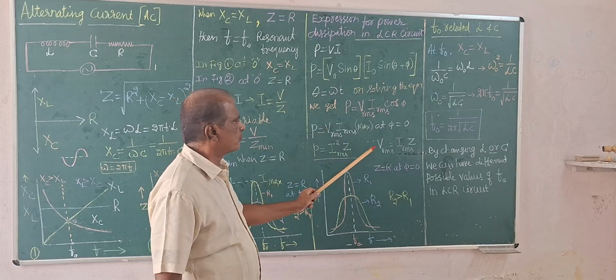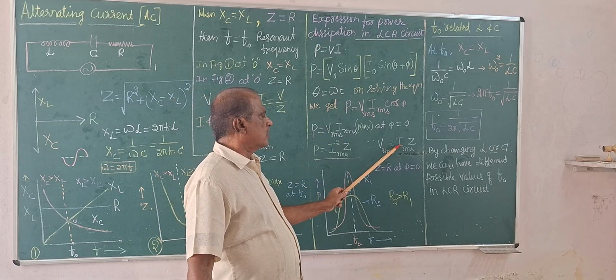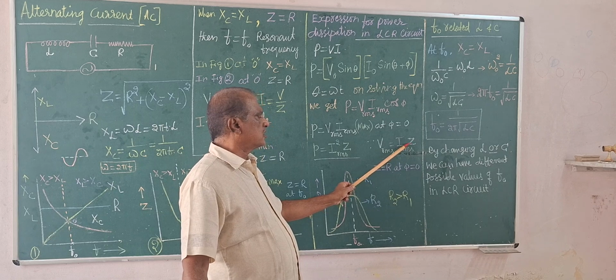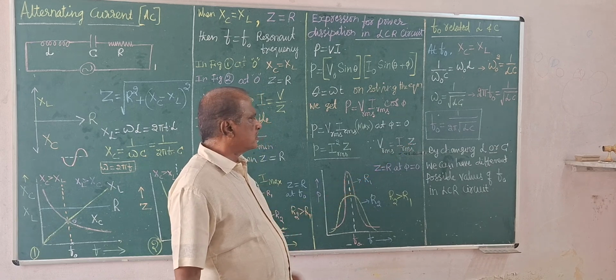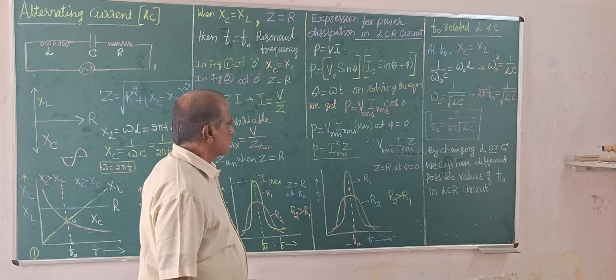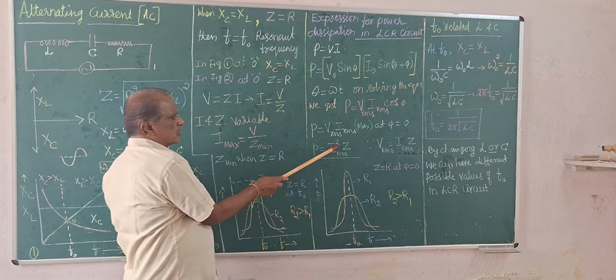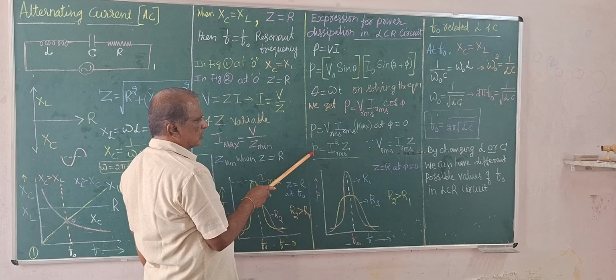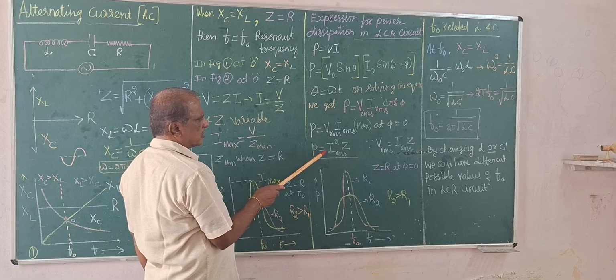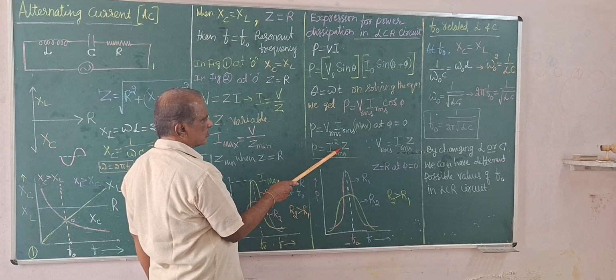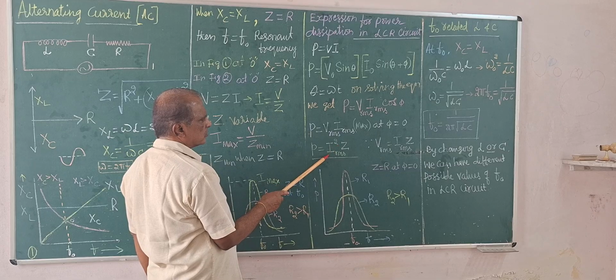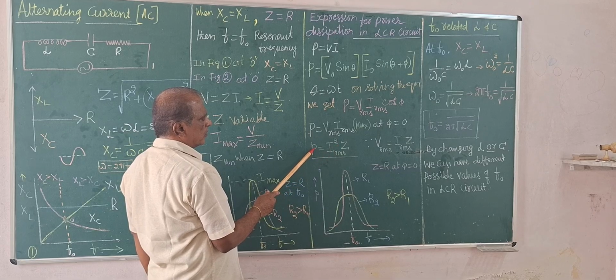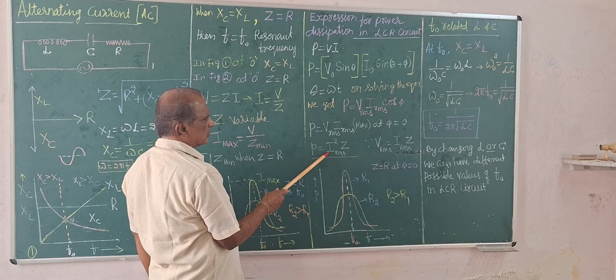Substitute for V. The current into resistance, where the resistance is the impedance. I square Z is the power dissipation. The expression for power dissipation is I square Z. Look at this. Power is a function of current, I square.